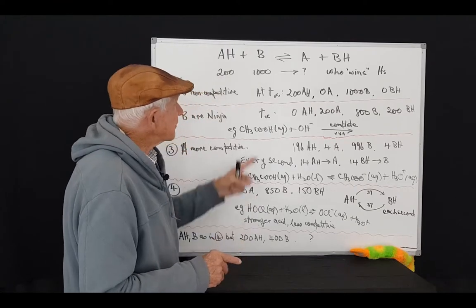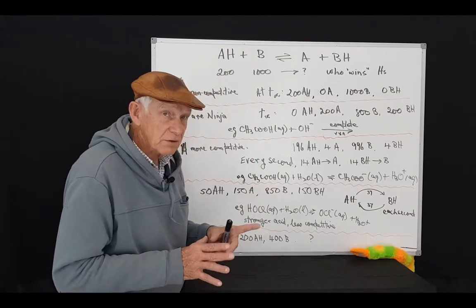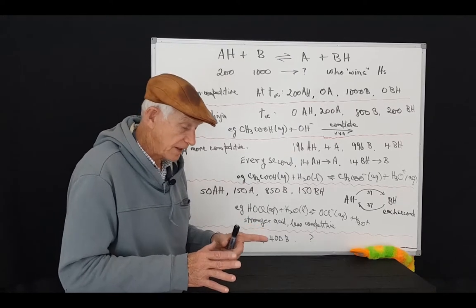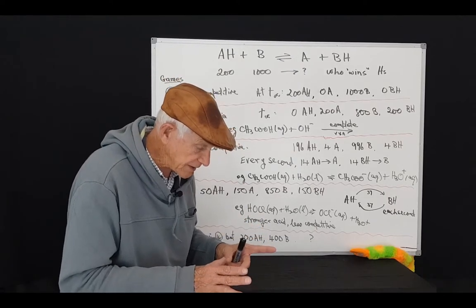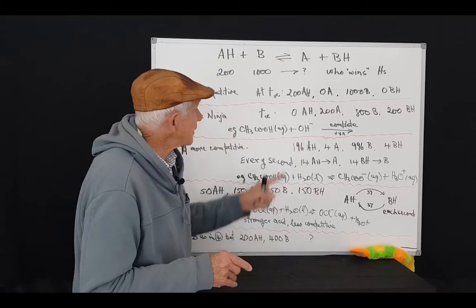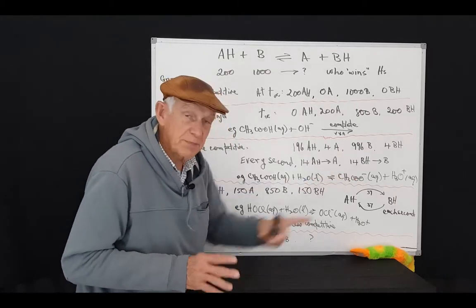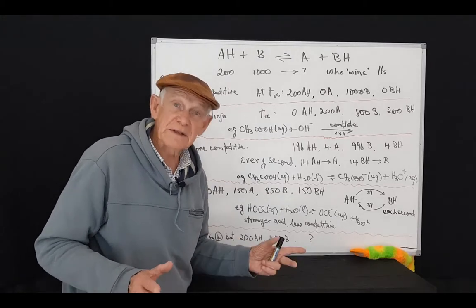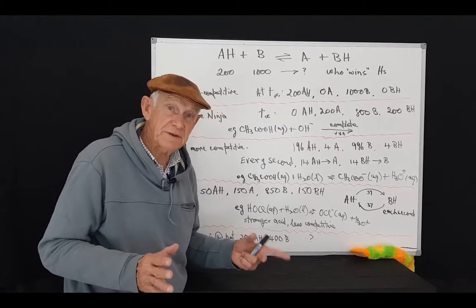So now the B's are not all that competitive with the A's. I've only managed to grab 4 of them. And I look again several seconds later. Still, there's only 4 BH's. And I look again. So it looks like nothing's happening. The reaction's finished.